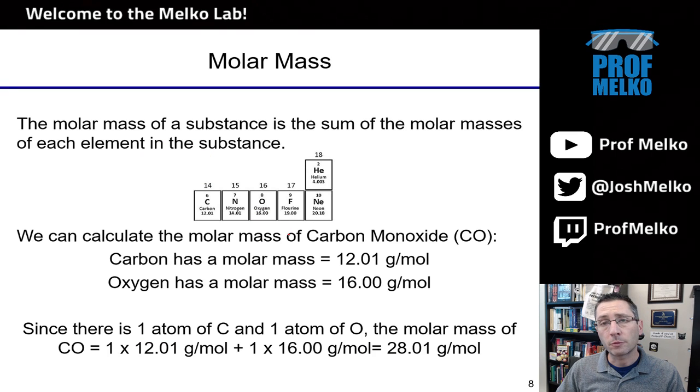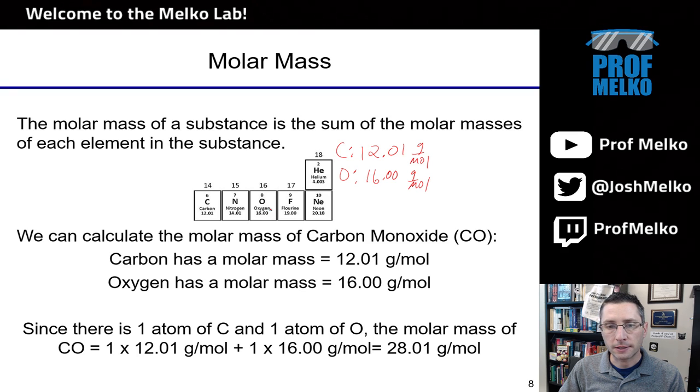Now, molar mass is simply counting up these different atoms, multiplying them by their individual masses, and adding all those masses together. An example is easier to see. Think about carbon monoxide. Carbon here is 12.01 grams per mole. Oxygen, 16.00 grams per mole.